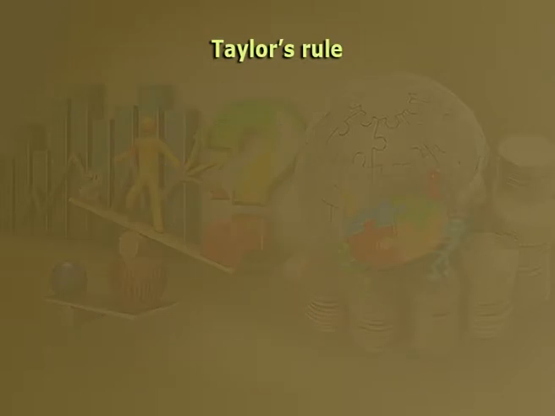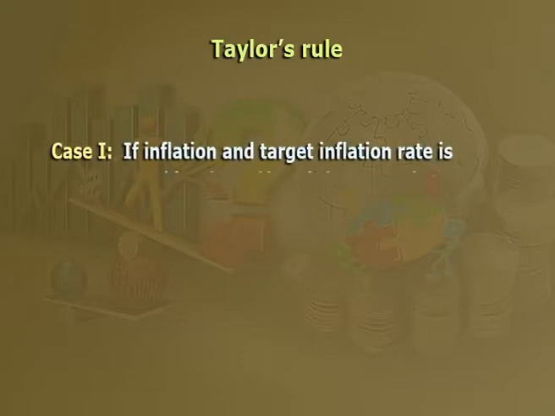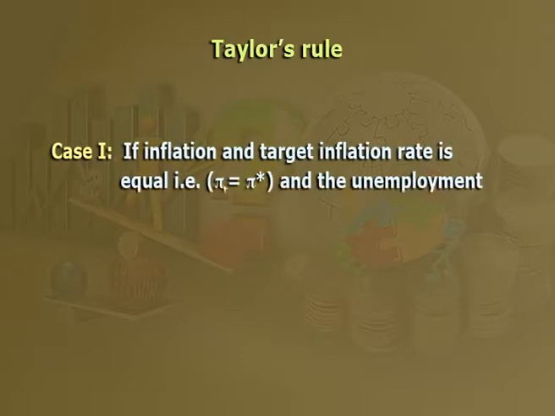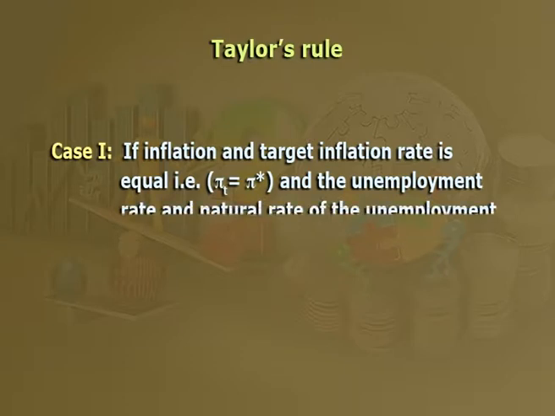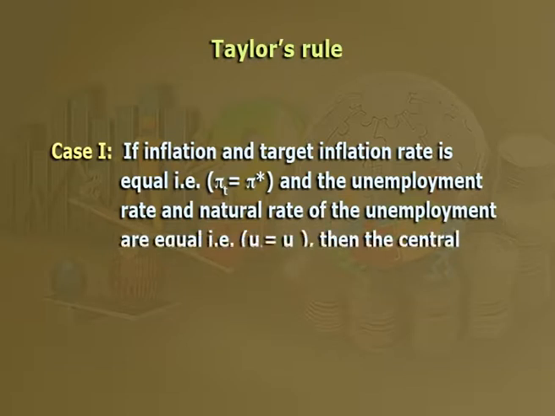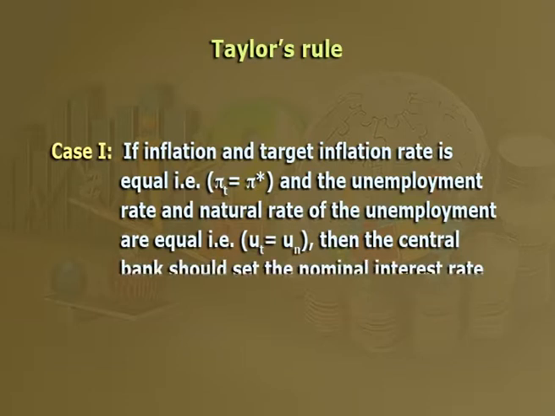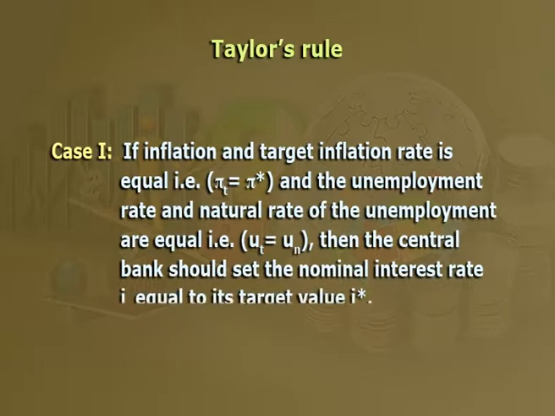According to Taylor's rule, there are 3 cases. Case number 1, if inflation and target inflation rate are equal, that is π_t = π*, and the unemployment rate and natural rate of unemployment are equal, that is u_t = u_n, then the central bank should set the nominal interest rate i_t equal to its target value i*.